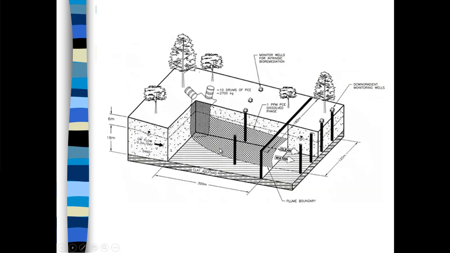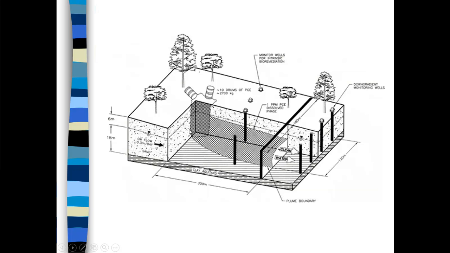What you monitor is the progress of this remediation as the contaminant flows further and further away from the source. The first thing you would want to do, obviously, is clean up the source, but then you want to monitor this, and if you have some downstream wells here, you want to make sure that by the time the contaminant plume hits these wells, the contaminant has been completely degraded.